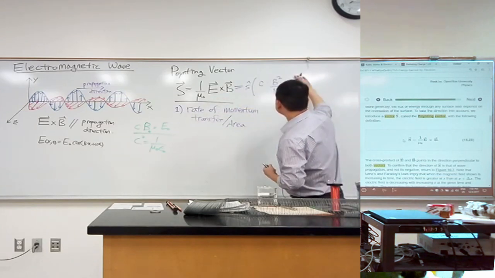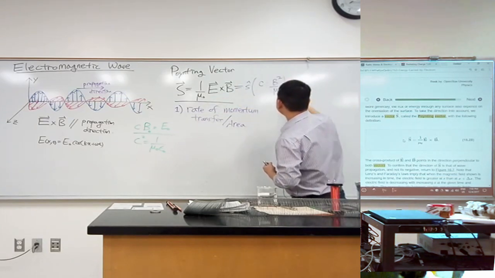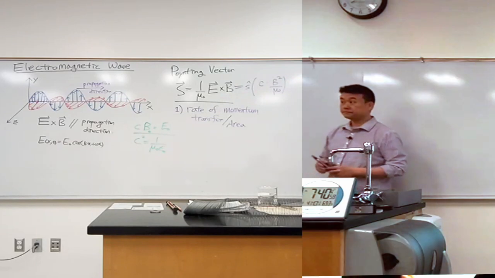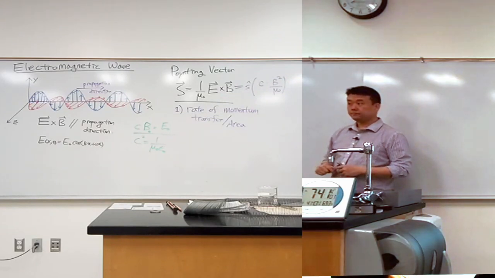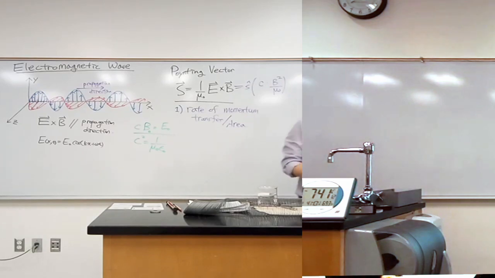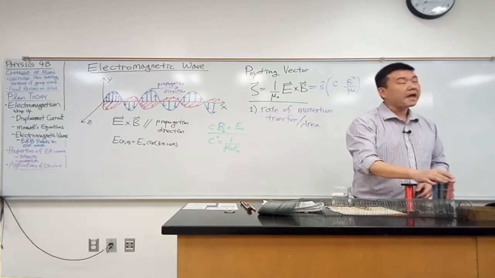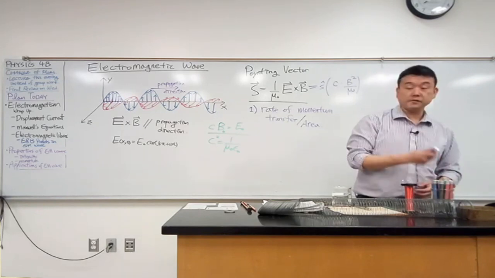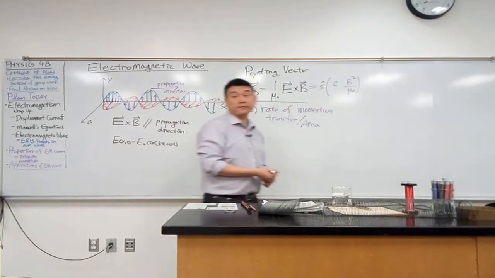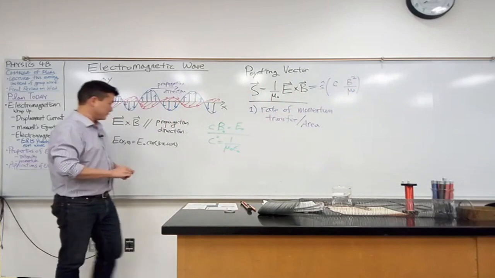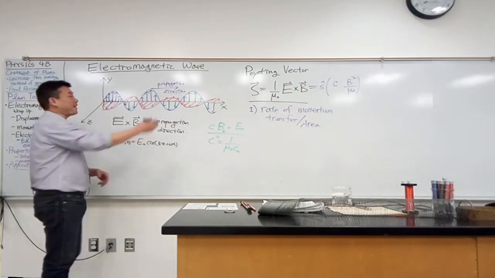over mu naught. Does this quantity remind you of anything? B squared over mu naught? What do you guys remember about the electric energy density in electric field and energy density in magnetic field? Right? That's another useful formula to memorize.